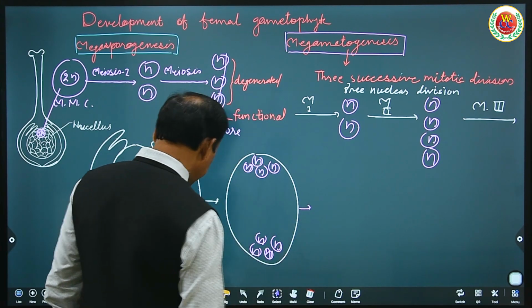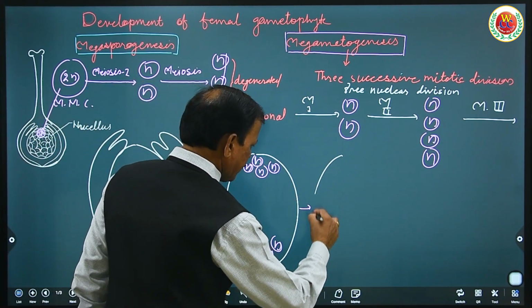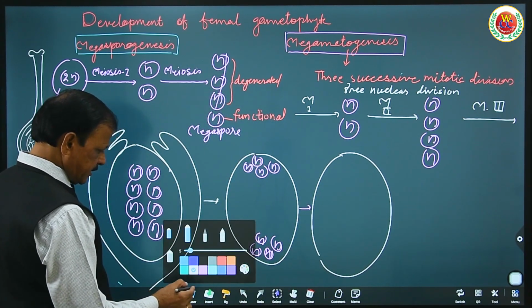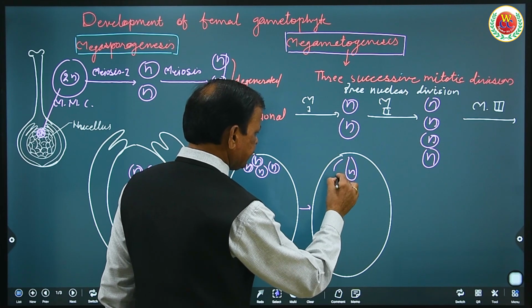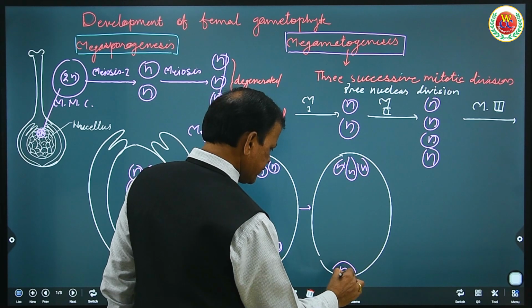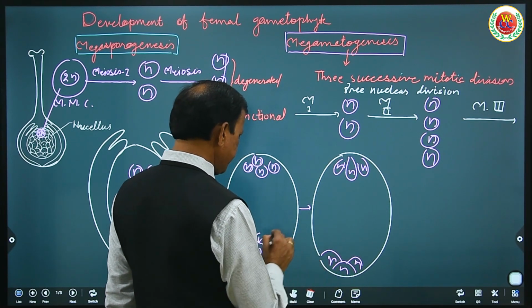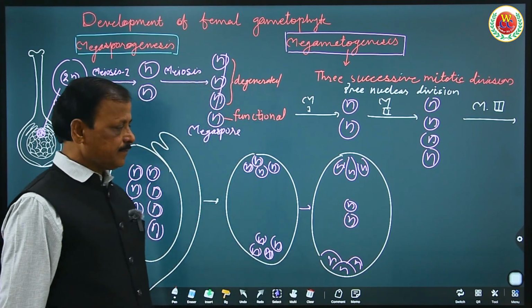Now the next development is that of the 4 which remain at one pole, 3 remain at the micropylar end, and one moves to the center. Similarly, 3 remain toward the chalazal end, and one from each pole moves to the center, called polar nuclei.